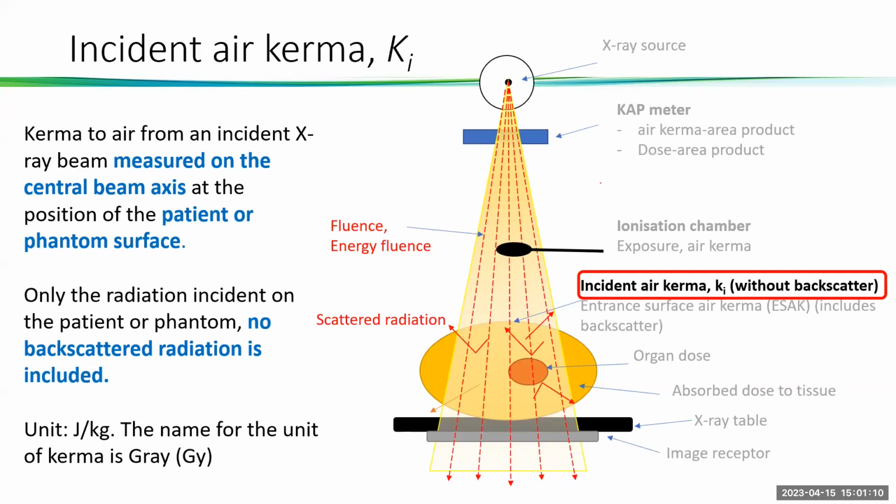However, this quantity only includes radiation incident on the patient or phantom, and no backscattered radiation is included, because when the radiation impinges on the patient there is always scatter, and some of this scattered radiation may reach the detector. The unit for this is joule per kg, or gray, as well.